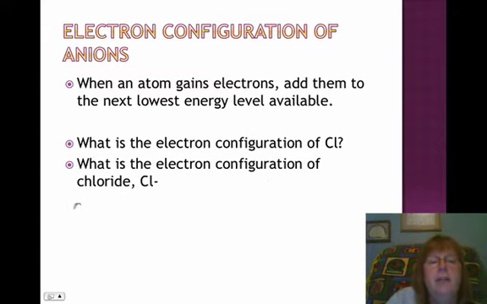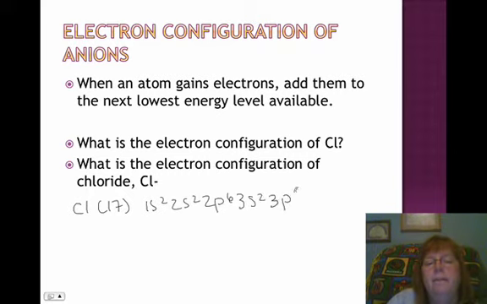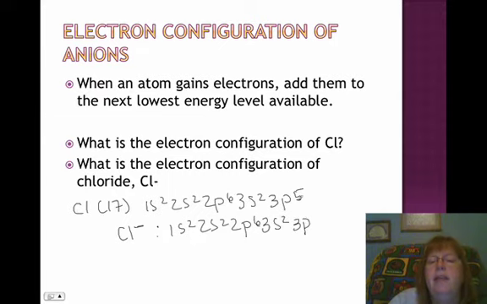So let's do chlorine. Chlorine has 17 electrons, so it's 1s2, 2s2, 2p6, 3s2, 3p5. Now, if we're talking about the chloride ion, with a -1 charge, we now have 18 electrons, and it's going to be 1s2, 2s2, 2p6, 3s2, 3p not 5, because we've gained an electron, it's going to be 3p6.